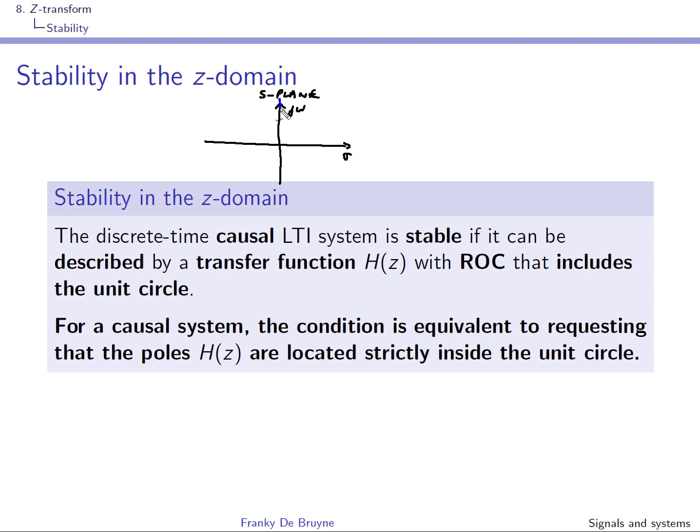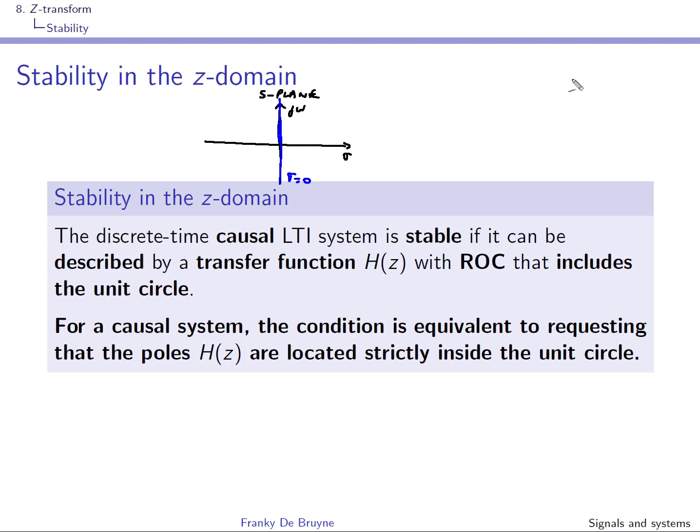The j omega axis is shown here in blue, and it's also called sigma equal to 0. And in the Laplace domain, if your system is described by a transfer function with poles to the left of the j omega axis, where sigma is equal to 0, the system is stable.